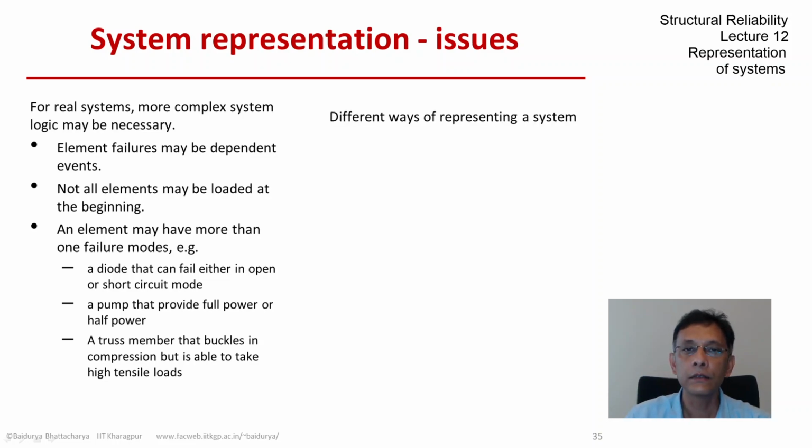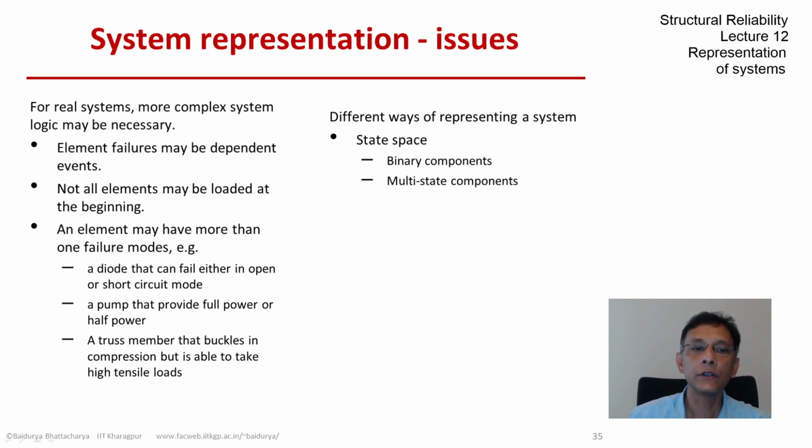There are different methods, and let me list some of them and then indicate which ones we are going to look at in greater detail in this lecture. So one way is to look at simply the state space of the system, and that's possible if the state space is finite in size. And this works whether the elements are binary or multi-state in nature.